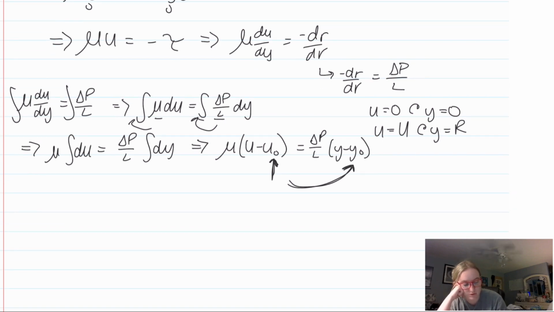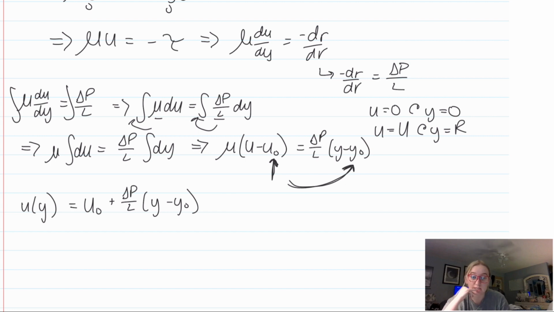So now we'll rearrange the equation to be able to solve it. And again, we're solving for u of y. So to do that, we would get u of y is equivalent to u naught plus delta P over mu L times y minus y naught.